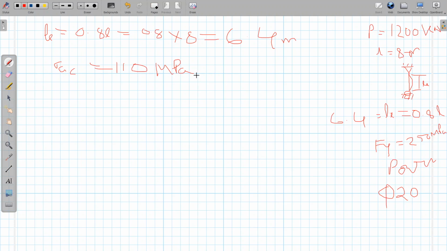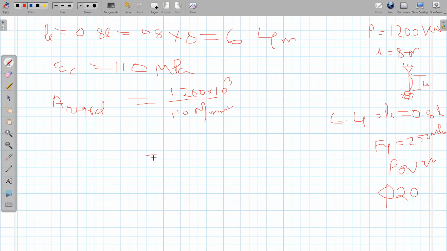Now check what gross area is required. Gross area required is equal to the given load, 1200 kilonewtons. I am converting into newtons, 1200 into 10 to the power 3, divided by 110 Newton per mm square.